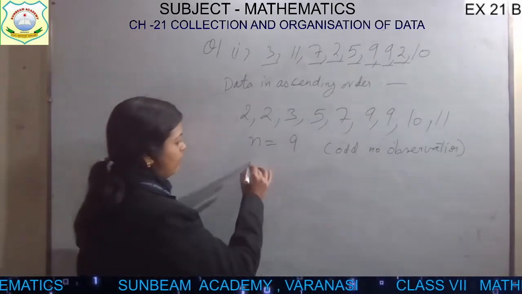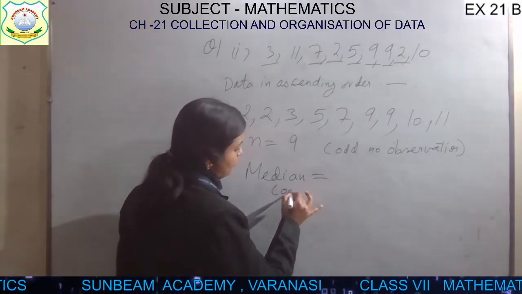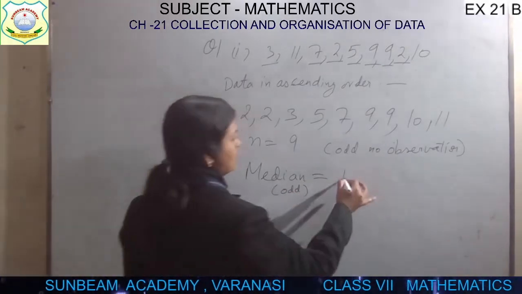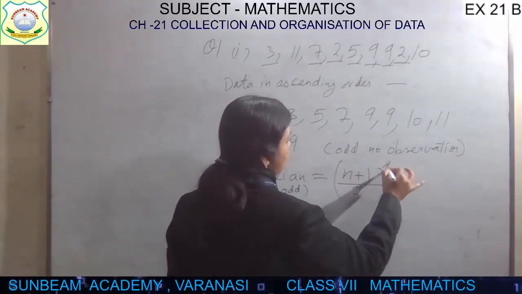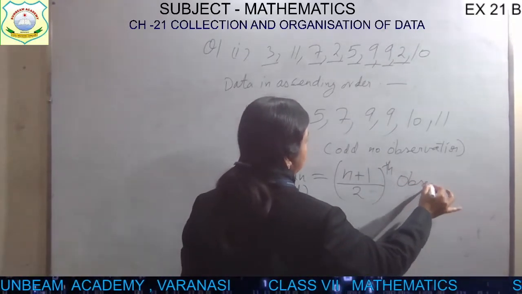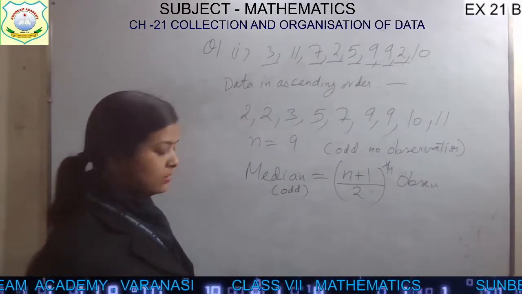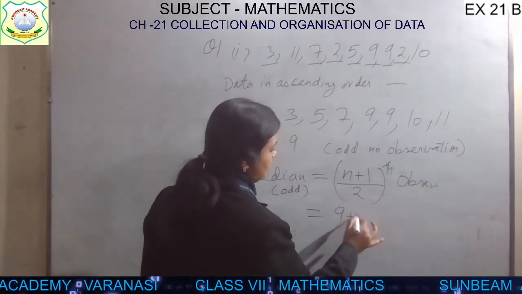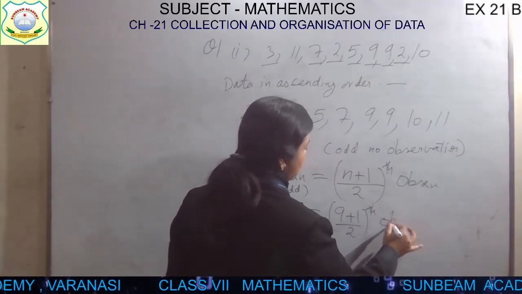So the formula for finding the median when the number of observations is odd, जब odd है हमारे पास, is the (n plus 1) by 2th observation. ठीक है? So what is n, children? n is 9. 9 plus 1 by 2th observation.